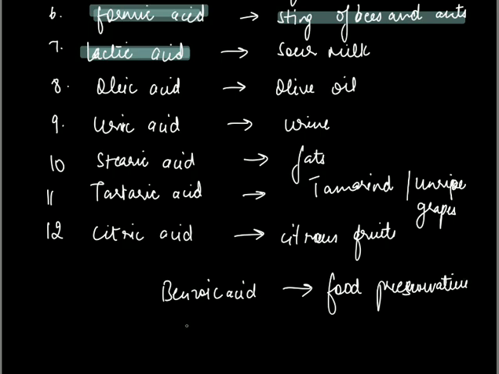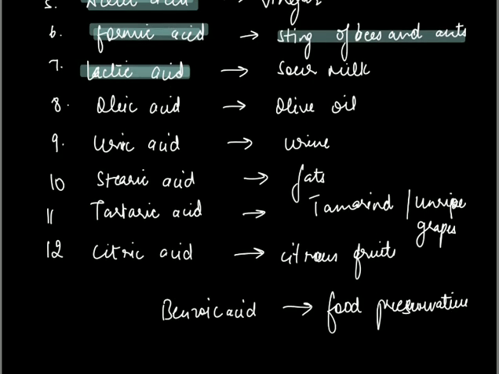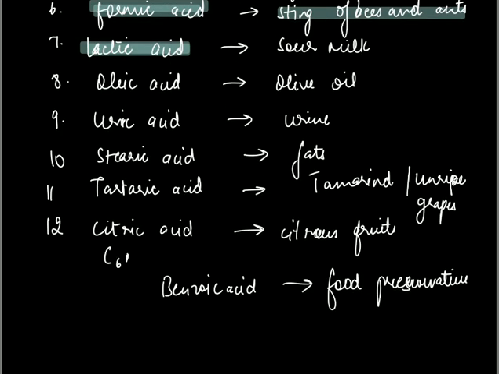We don't have to remember the formula of everything over here. Citric, tartaric, if you want to remember, we can write the molecular formula, but the structures are always going to be different. Citric acid is C6H8O7. Tartaric acid is C4H6O6.